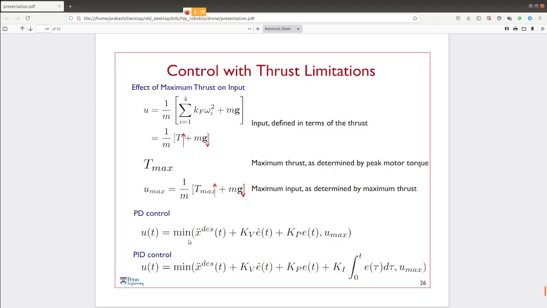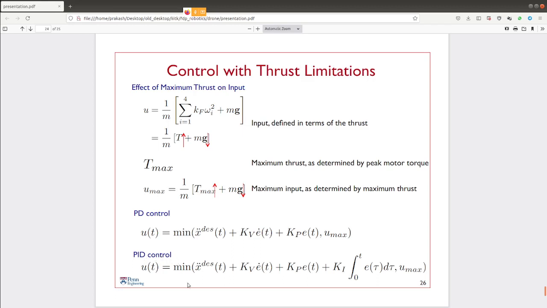Whichever is minimum I'll choose that. That's how I identify the input variable for this governing differential equation, and I will choose my omega i.